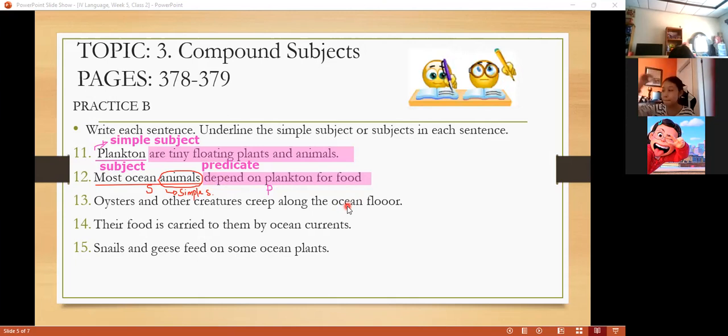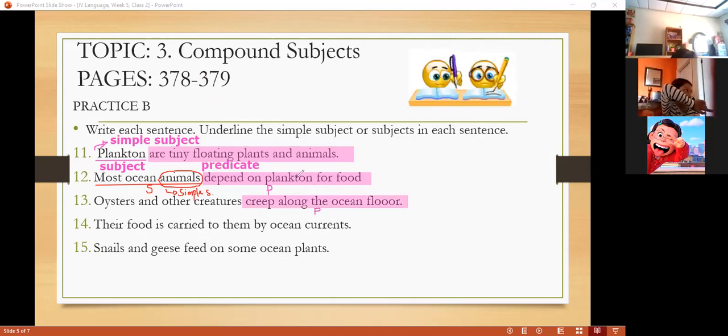No. I think oysters and other creatures are the subject, and along the ocean floor is the predicate. Excellent, Rebecca. Just this is the predicate. Good job. And the rest, oysters and other creatures, is the subject.